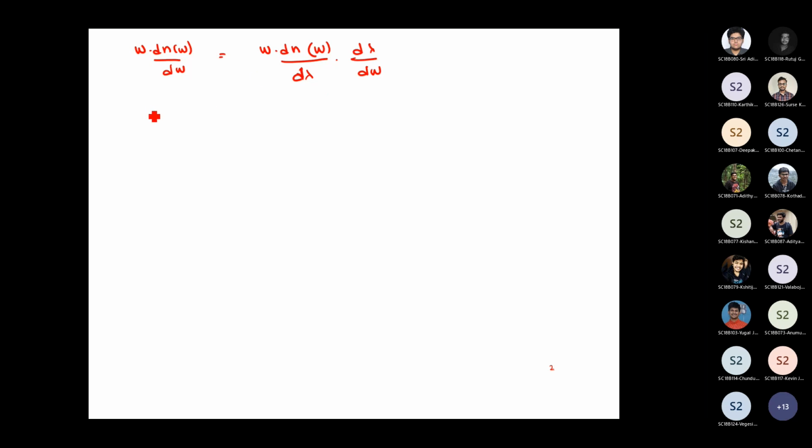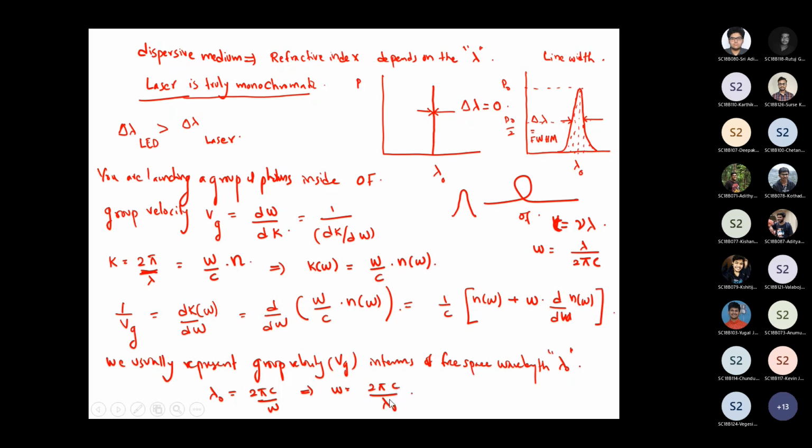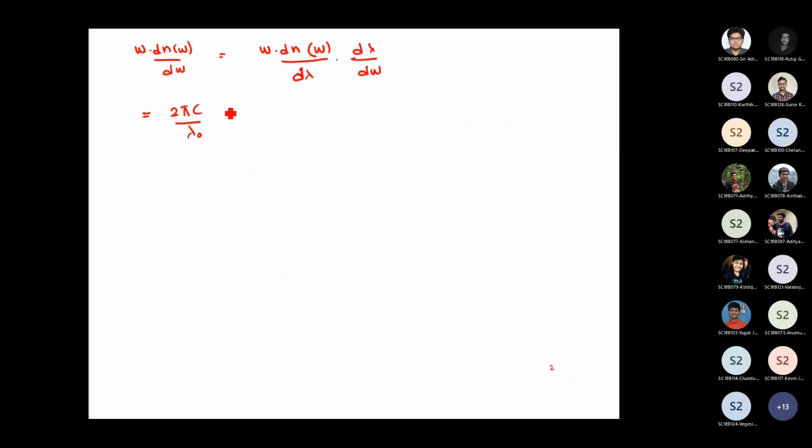Since omega is 2 pi into c divided by lambda naught, this term is multiplied by dn of omega divided by d lambda naught, and taking the differential gives minus 2 pi into c divided by omega square.